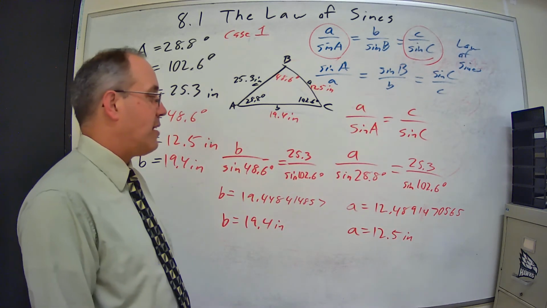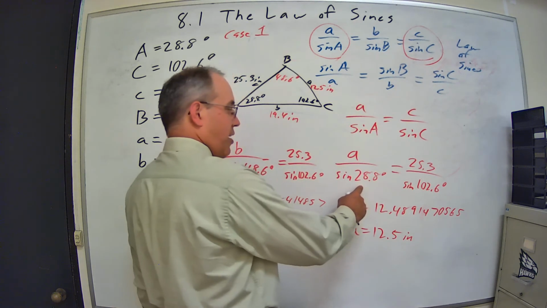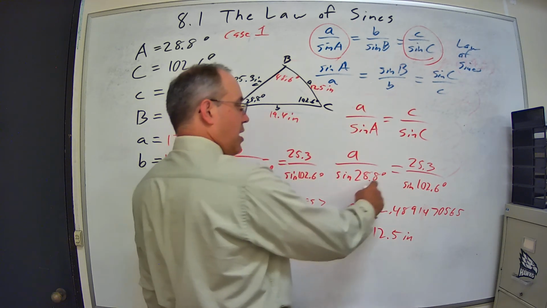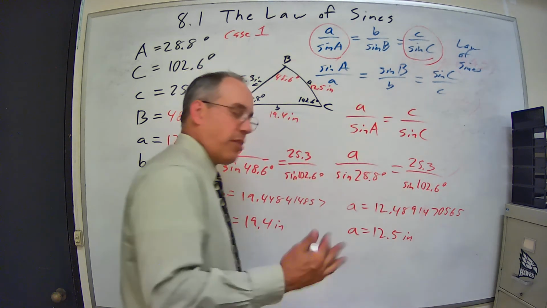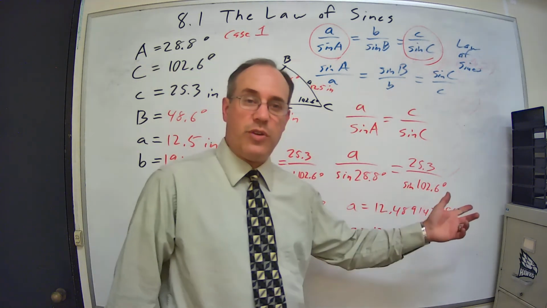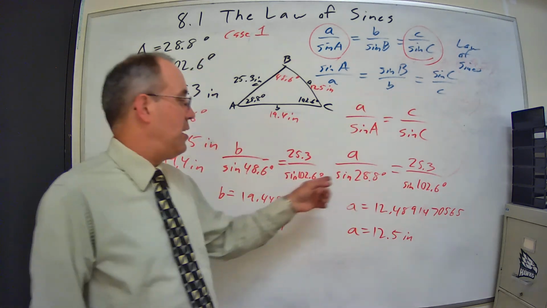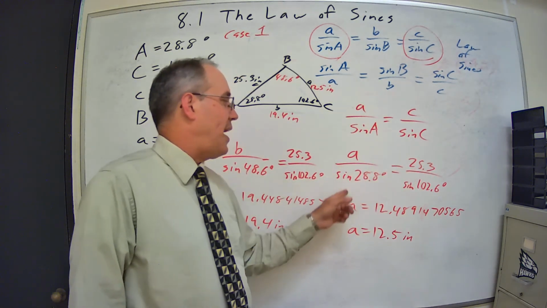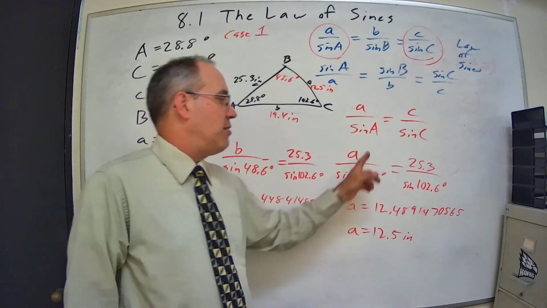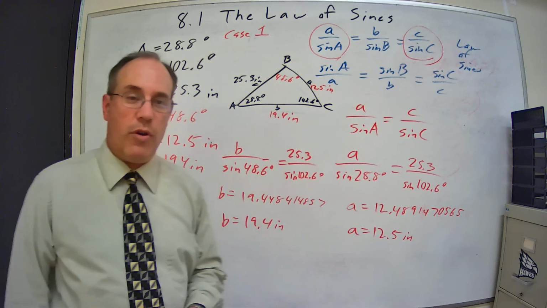When I do that, it's going to disappear from over here, and I'm going to end up with this value, sine of 28.8 degrees, multiplied by 25.3, divided by the sine of 102.6 degrees. And as I said, that will always work out to be the product of the diagonal divided by what's opposite the one you're working for.